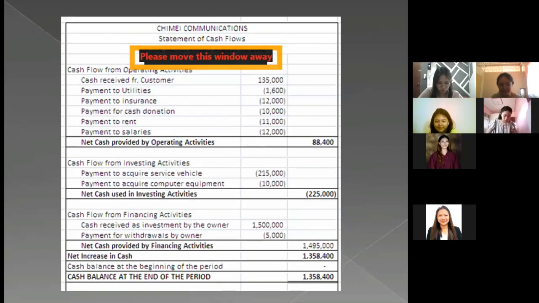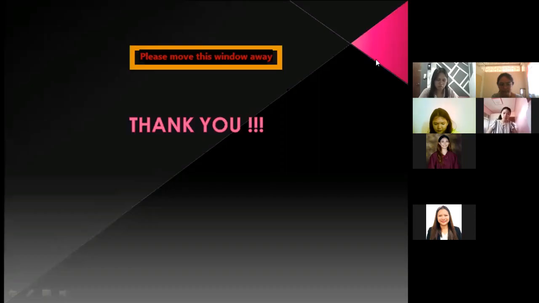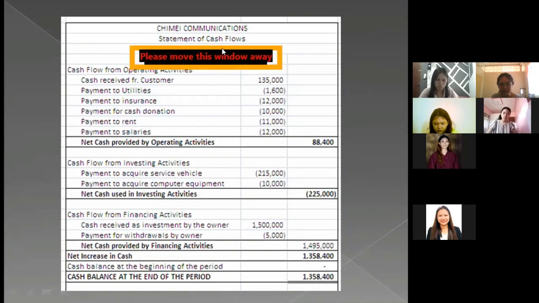So ganito i-present ang statement of cash flows. First line, company's name, yung nandyan sa taas. Na yung Chimi Communication din.